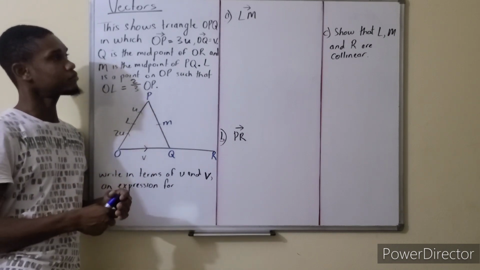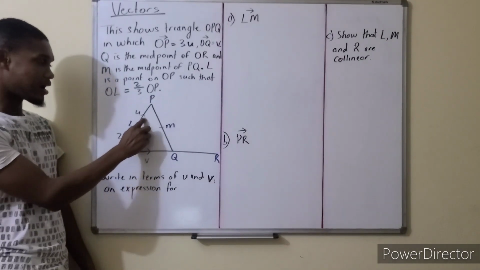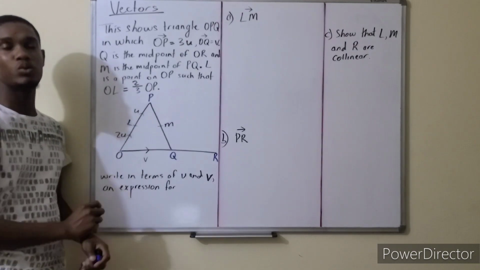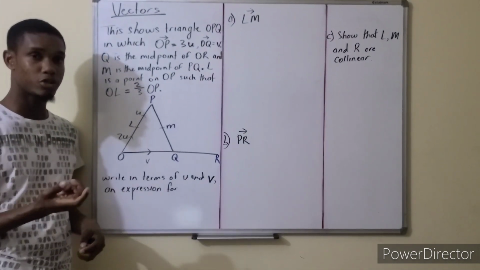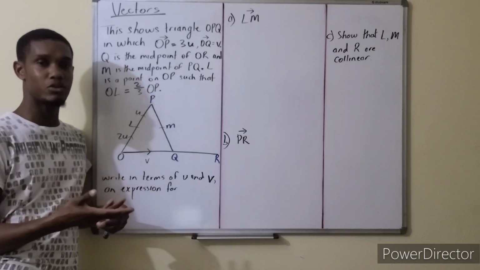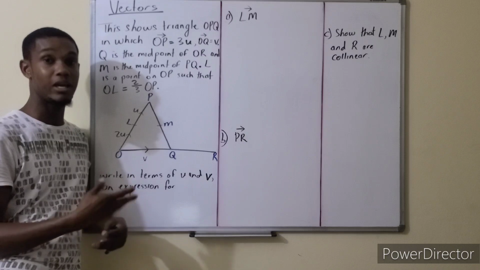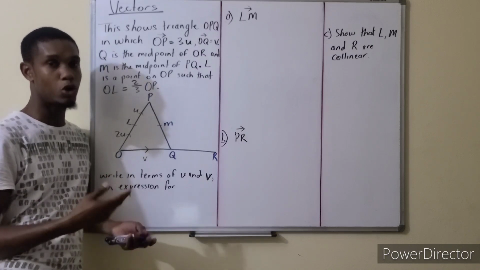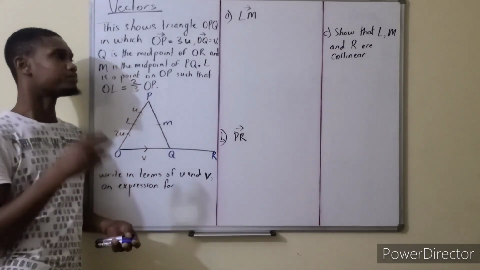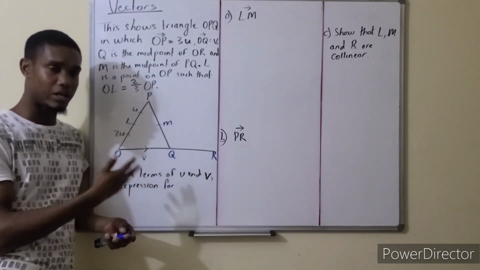Meaning, if you are given a question like this, you are going to be getting arrows on it that will tell which direction you're supposed to travel. If you're going in that direction, you'll keep the values as they are. If you're going in the opposite direction, you'll have to negate the values, making them negative or opposite of what they were. So that's the basic introduction of what vectors will entail.